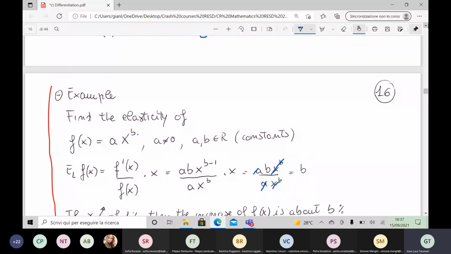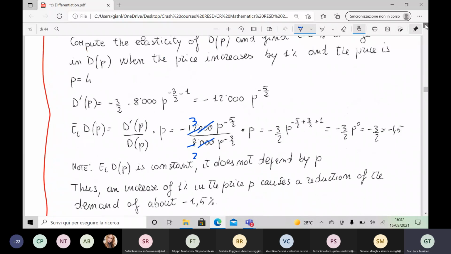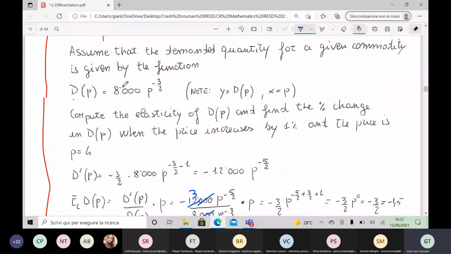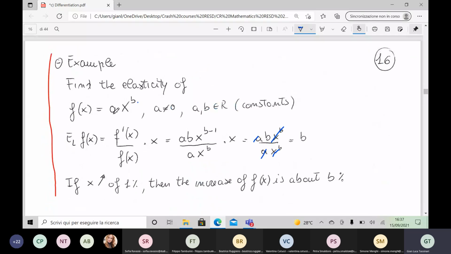Look at the function. The demand function here is exactly the same demand function, because A here is 8,000, X here is called like P, and B is -3/2. Obviously, this is a demand function exactly of this type. Power function times a constant, and what you get as elasticity is exactly B.